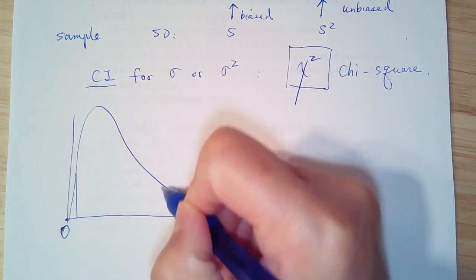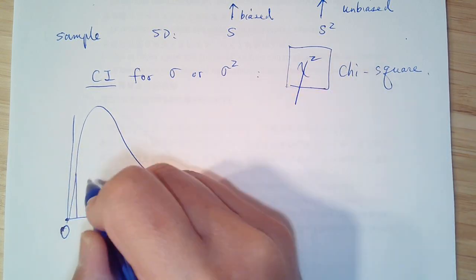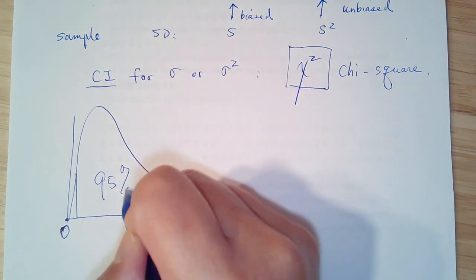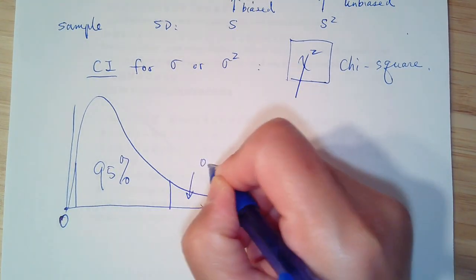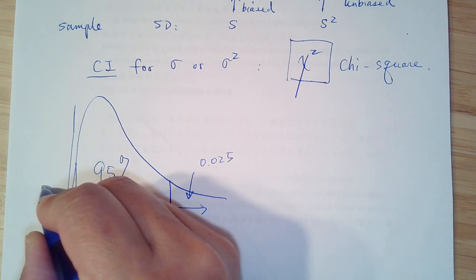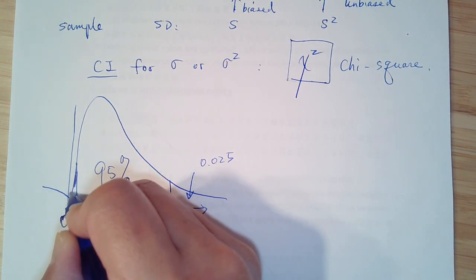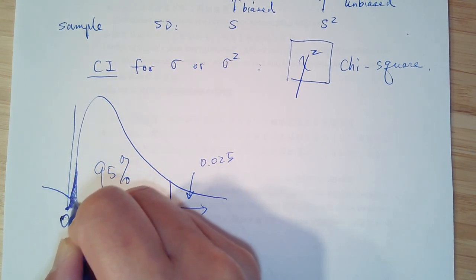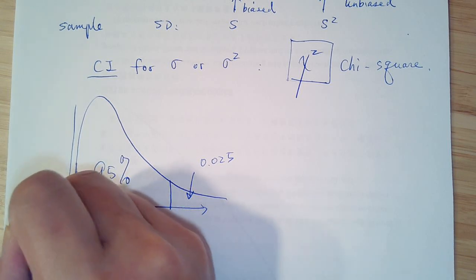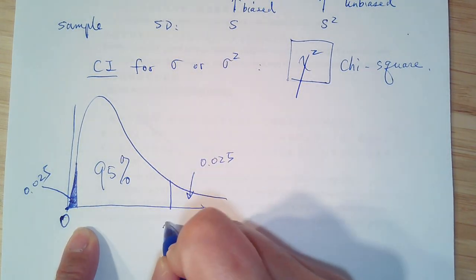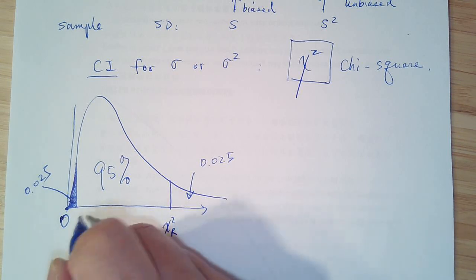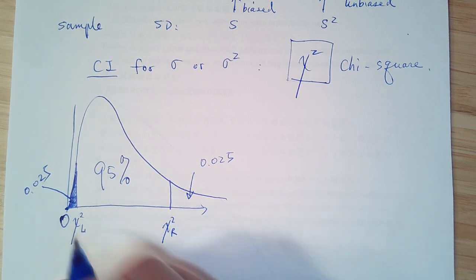Therefore, if I'm asking for a 95% confidence interval, then I have to put this little tail as 0.025, and this tail, let me shade it, is also 0.025. Then you're going to get two critical values. We call this the right and this the left. So this one is the chi-square right, and this one is the chi-square left.